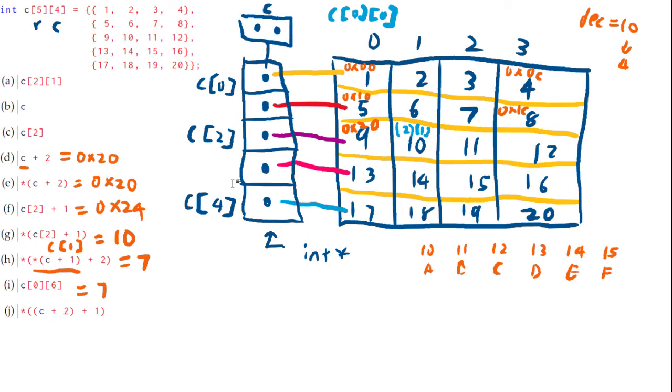After we add to get C3, we dereference. If we dereference one time, we get this address. What is this address? It's going to be 0x30. The answer of this one is 0x30.